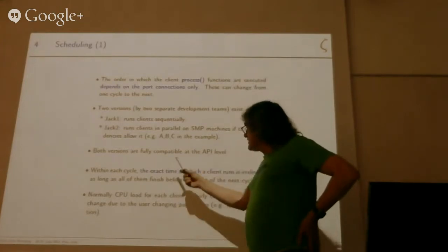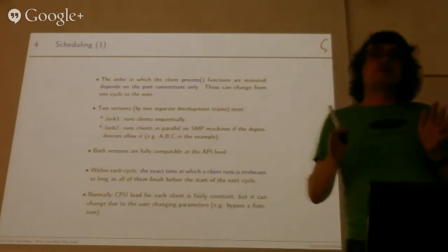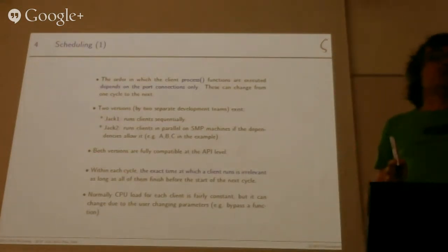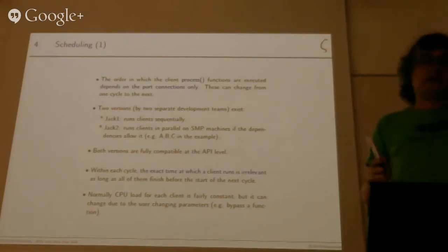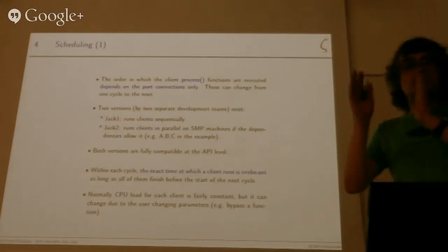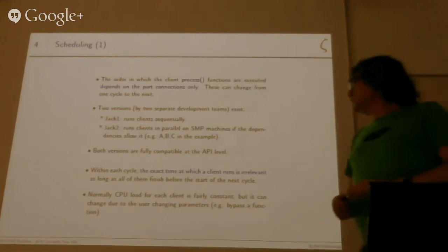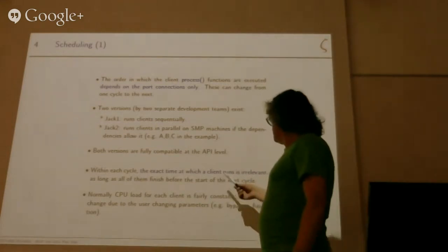Now, what do we have? The exact time at which the client runs within each cycle is completely irrelevant, because the data is buffered anyway. The client gets, for example, 256 samples input, has to process that, and produce 256 samples output. When it does that doesn't matter as long as it's done within the same cycle.